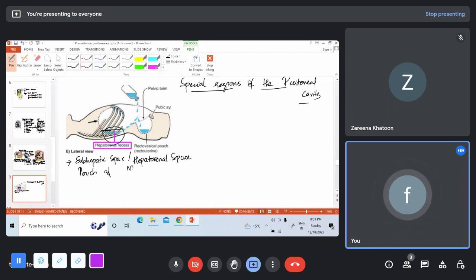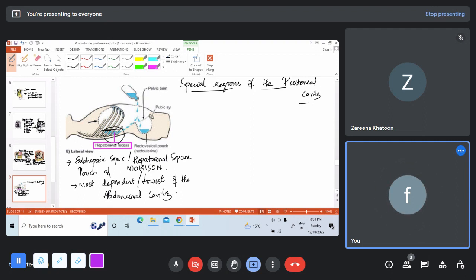Now, why is this so important? Because this is the most dependent, in the sense the lowest, part of the abdominal cavity in the supine position. Now, what if it is the most dependent part?